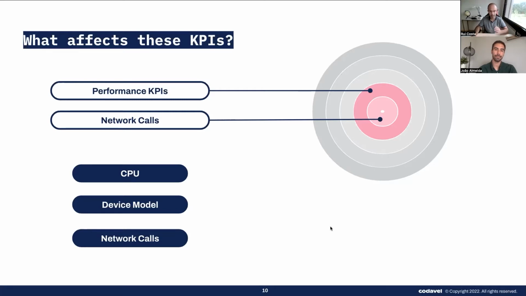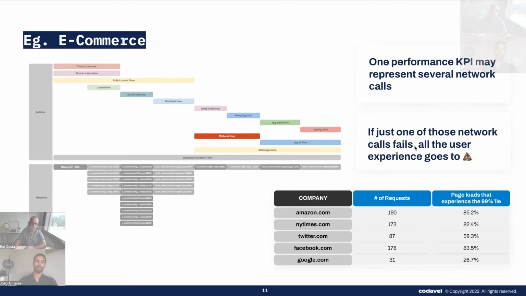And so, diving into the deeper layers of the onion, take this example from one of our partners in the e-commerce space, and let us focus on just one of those KPIs. What you're seeing here are the different performance KPIs in the user journey, and on the bottom, you see the network calls that are performed in each of these steps.